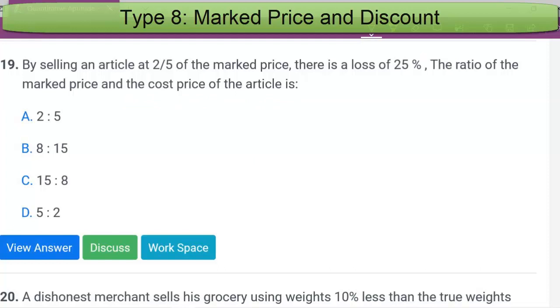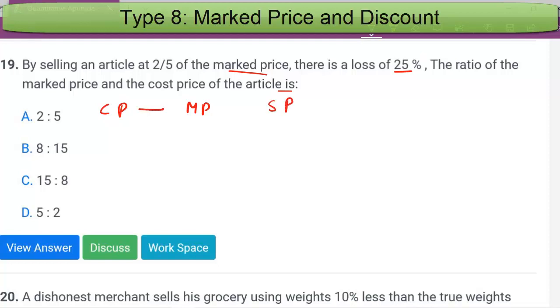In this question it is again given, by selling an article at 2 by 5 of the market price, there is a loss of 25%. The ratio of the market price and the cost price of the article is? So there is a cost price, a market price, and then a selling price.